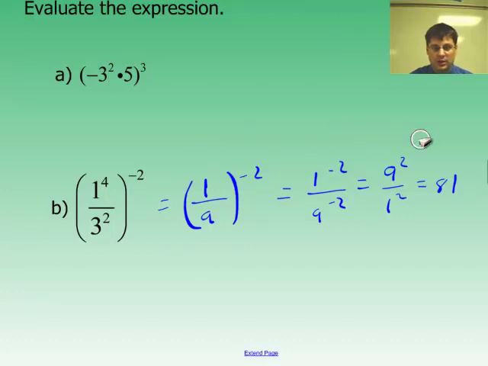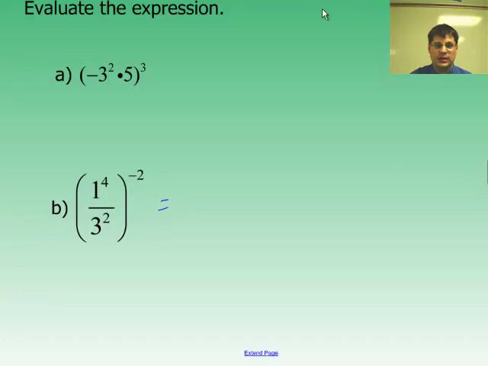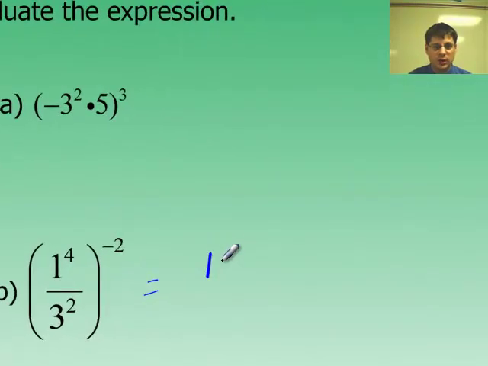I could have done it a different way. I could have taken care of the power of a quotient first and said, well, that's going to be 1 to the negative 8 power, and then 3 to the negative 4th power.